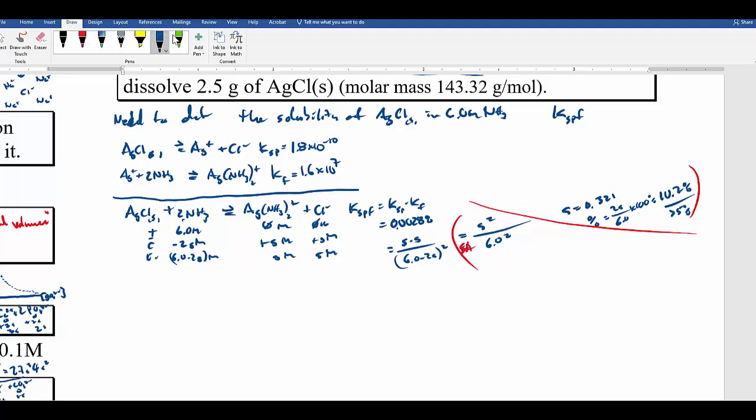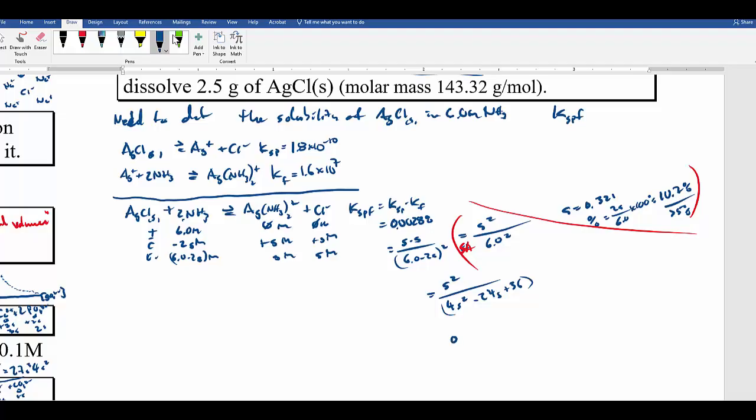So let's go ahead and get this in quadratic form. So this is going to equal s squared divided by 4s squared minus 12 minus 12 minus 24s plus 36. Okay. And now I'm going to multiply both sides by this here. And so I'm going to get 0.00288 times 4.